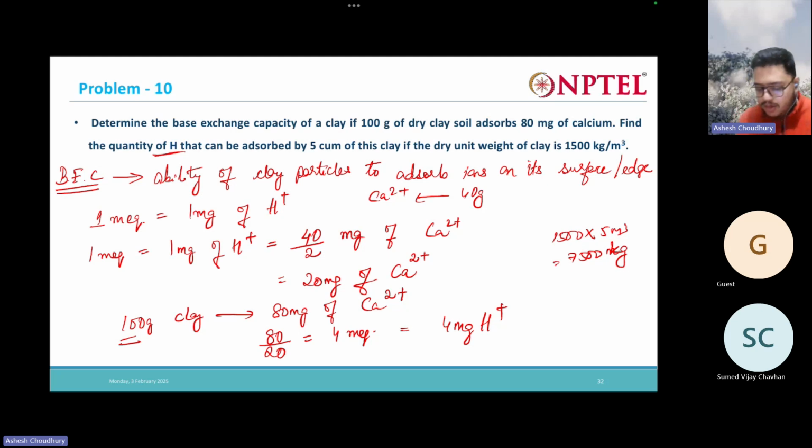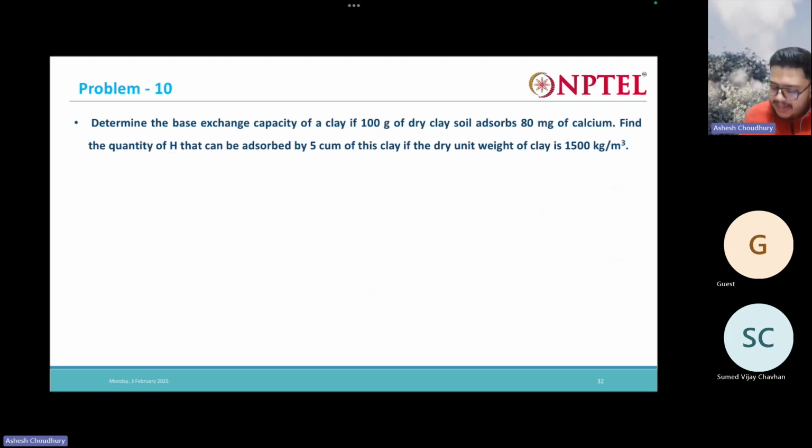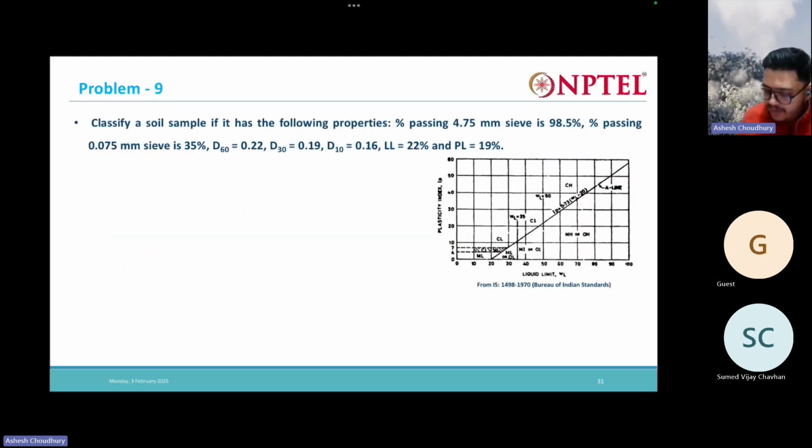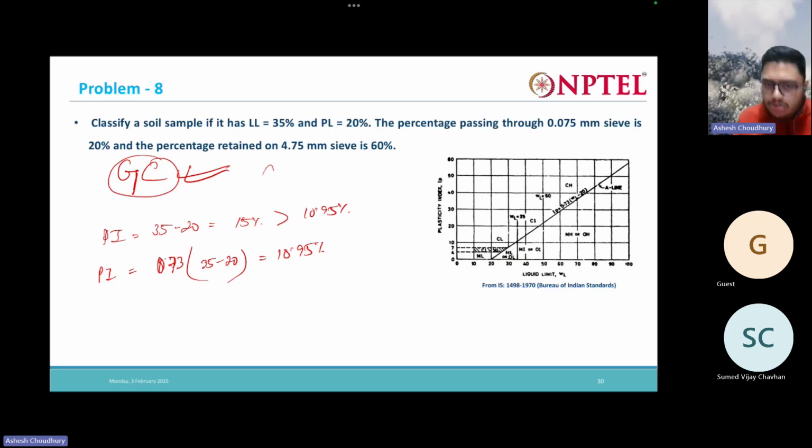This is the end of today's session. Please go through these problems of classification very nicely, because you are still tending to make mistakes and are not able to completely understand it. So I suggest that you solve these problems again and again so that the basics will be cleared. The first step is to identify whether the soil is coarse grained or fine grained. If coarse grained, you go one way; if fine grained, you go the other way.